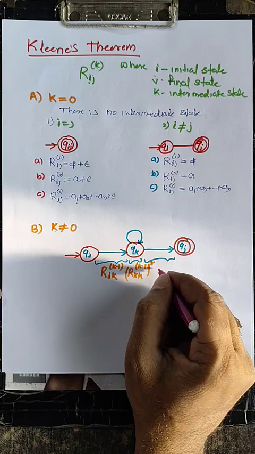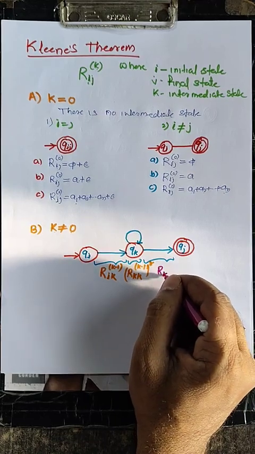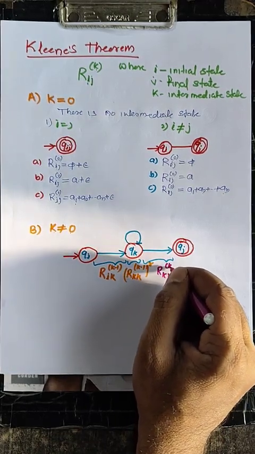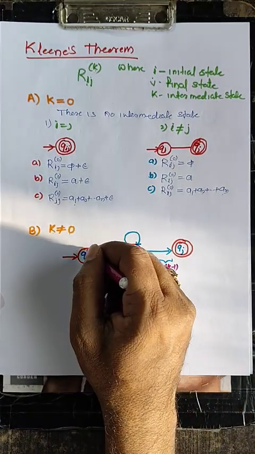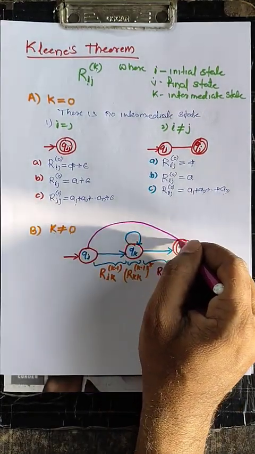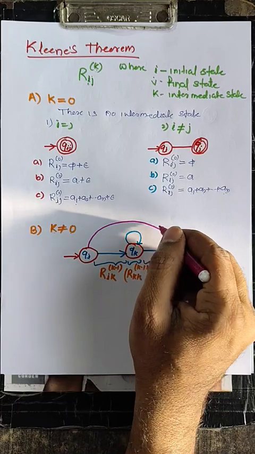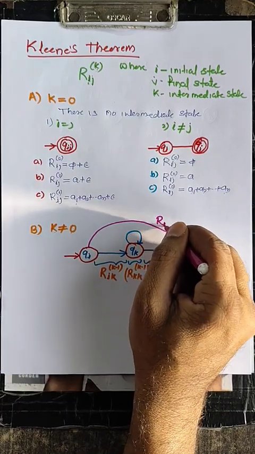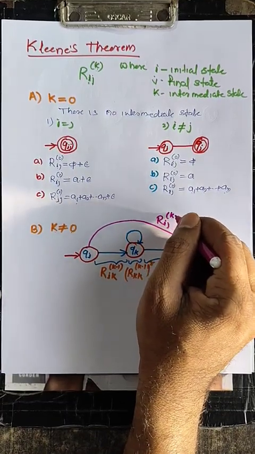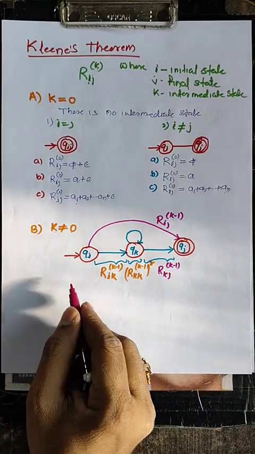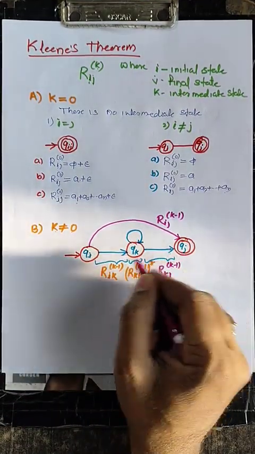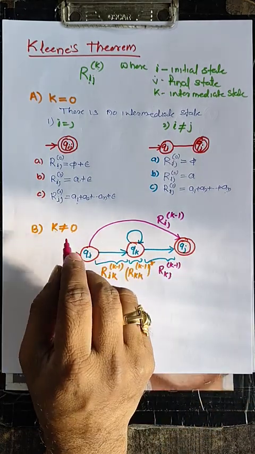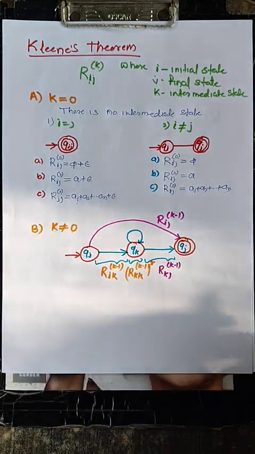Next, k to j with k minus 1, or you can take a direct transition from initial to final without intermediate, which is R_ij^(k-1). But here there are two possibilities: the transition with or without the intermediate state, when k is not equal to 0.